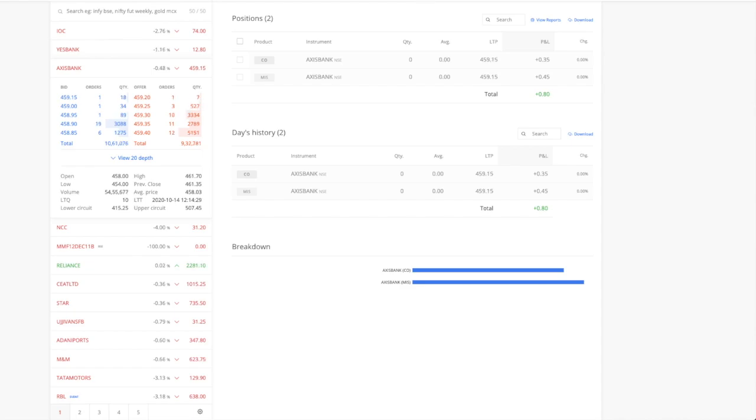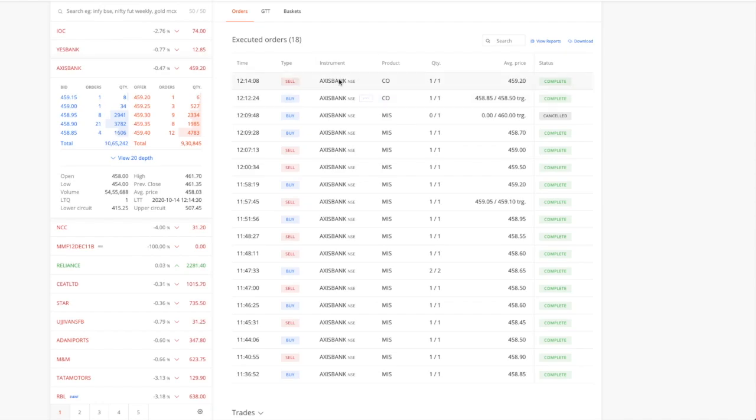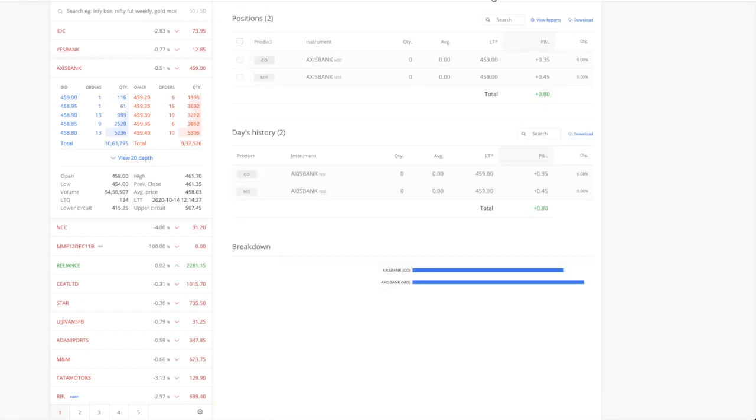Now kindly note, the one disadvantage, or the only disadvantage we could say, of a cover order is that when we reach our target, we'll have to exit at the market price. That means whatever is the market price, you'll have to exit over there.